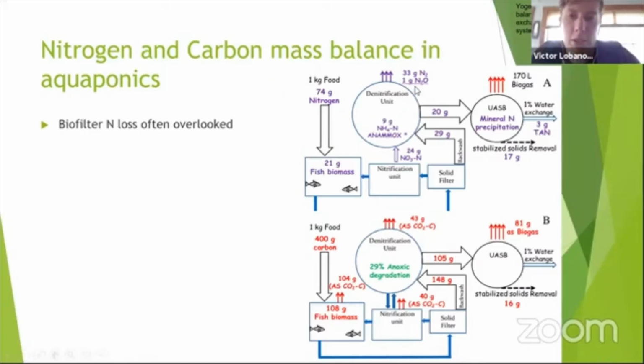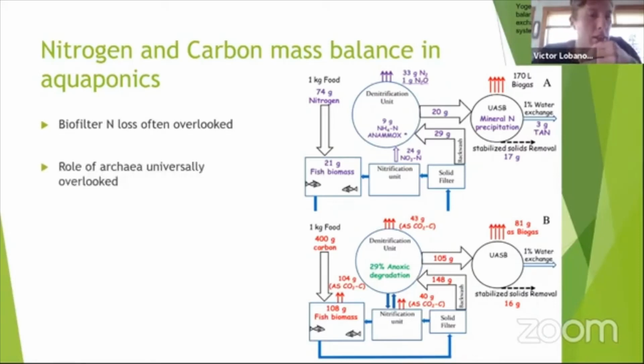And one thing that they showed pretty well here, and in other related literature, is that in the biofilter, you tend to be losing a lot of nitrogen gas. So we can theoretically measure these things and get an idea of what the community is trying to do.